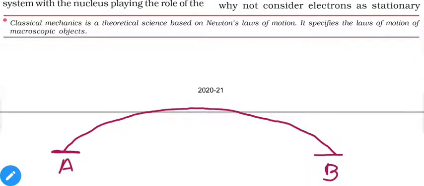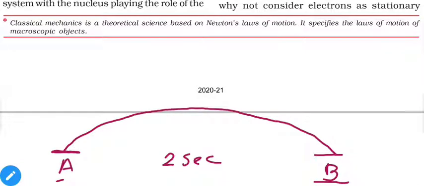Let us say the ball took 2 seconds to reach from A to B. So the total time is equal to 2 seconds, and the ball will move from point A to point B via this curved trajectory.